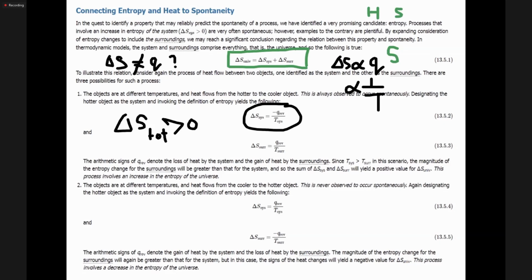When a system is in equilibrium, the entropy is maximum and the change in entropy, delta S, will be equal to 0. Delta S will be equal to 0 when the system is in equilibrium.